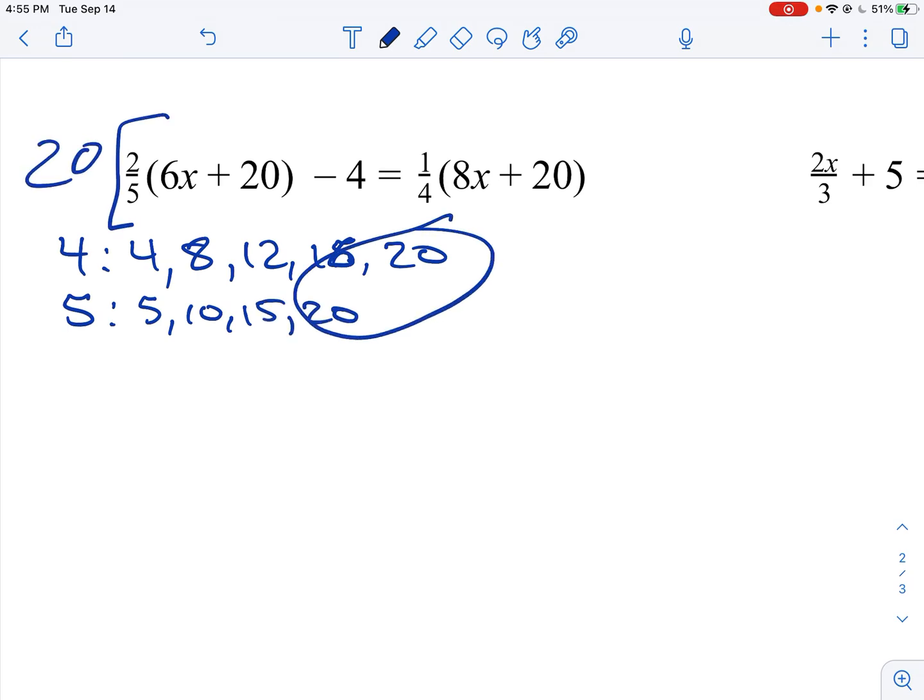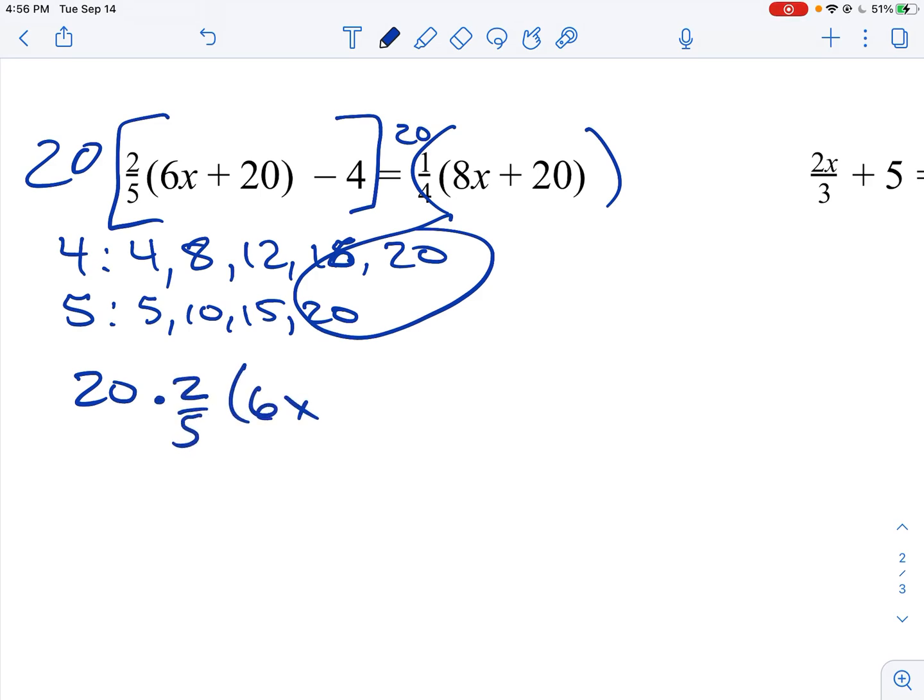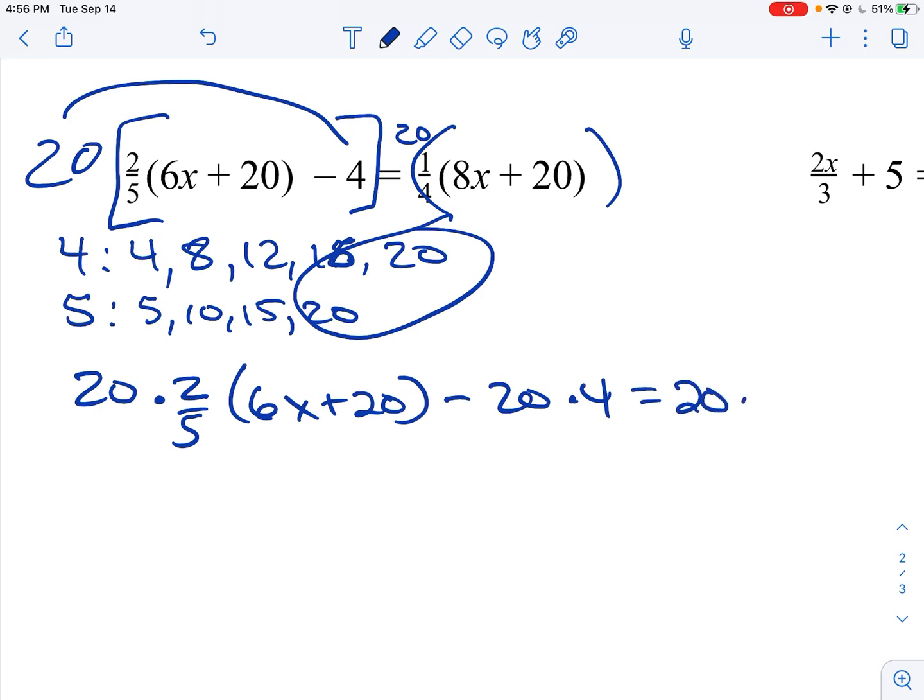So I'm going to multiply both sides by 20. So 20 times 2/5 parentheses 6x plus 20, and then I multiply it here, minus 20 times 4 equals 20 times 1/4 8x plus 20.